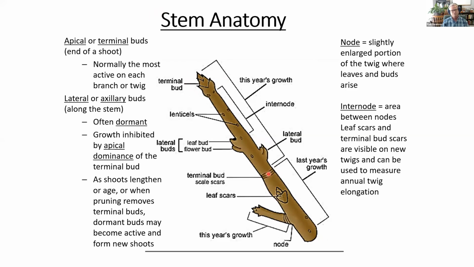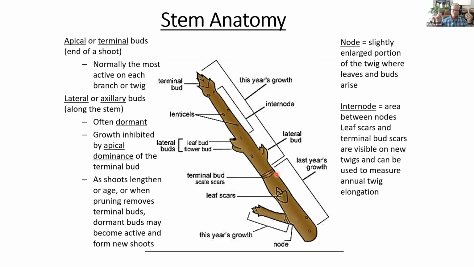So the distance in between nodes, in between here and up here, is the internodal area. So this is all internodal. This in here would be internodal. So when they talk about node length, or the internodal length, they're talking about the distance that it grows from here to here.